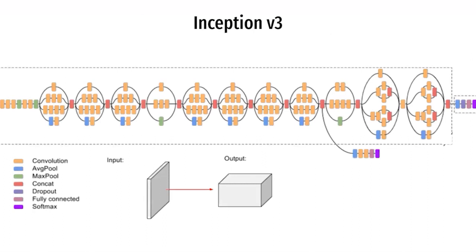One of the first models that we used was Inception V3. It's basically a deep CNN architecture that was introduced by Google in 2015. It's designed for large-scale image classification tasks and has already achieved high accuracy on benchmark data sets.